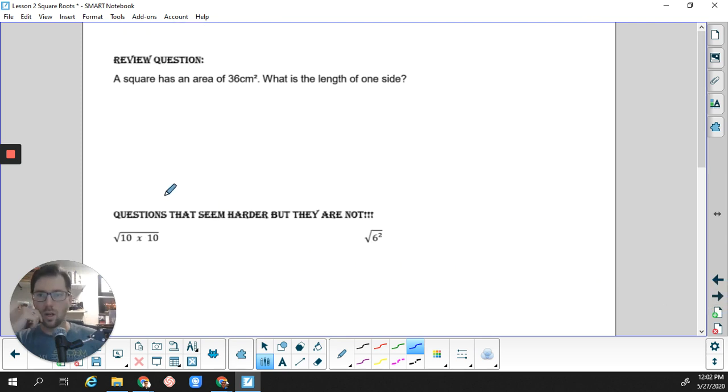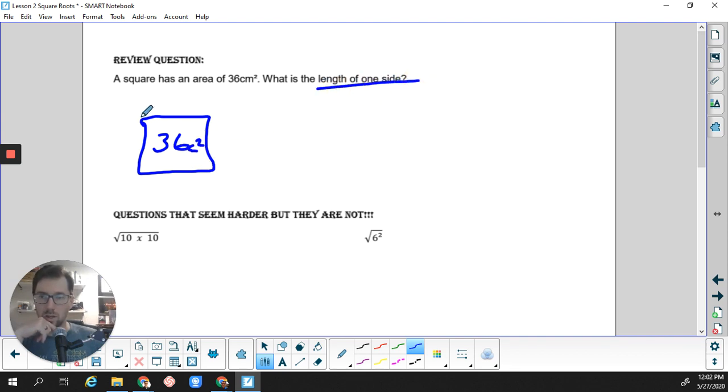Let's flip over. Okay, a square has an area of 36 centimeters squared. I got a square. It's got an area, 36 centimeters squared. Okay, what is the length of one side? So in a square, we know that we go length times width, and that's going to give us our area. What do we know about the sides of a square?